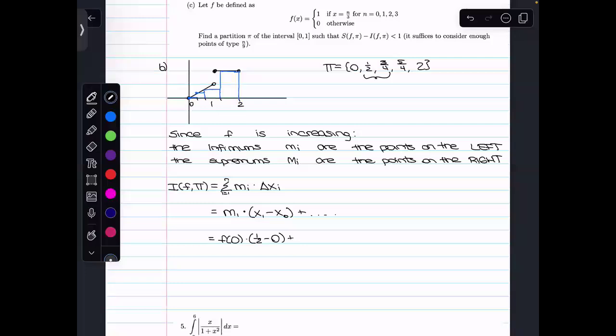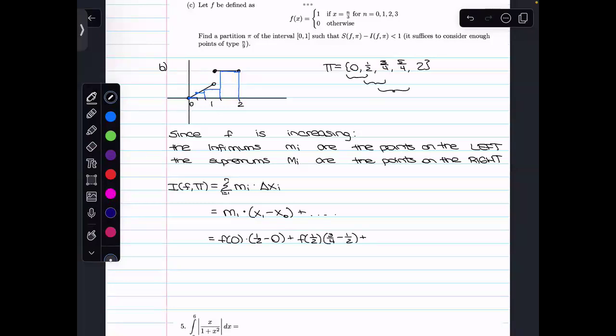And then you take the change in x, which is the difference between 1/2 and 0. Then for the next interval, the left endpoint is 1/2. So we take f of that to get the corresponding value on the function that we're going to use as the height of the rectangle. Then we multiply that by the length of that interval, which is now 3/4 minus 1/2. So basically we did this one, then this one, now we do this one.